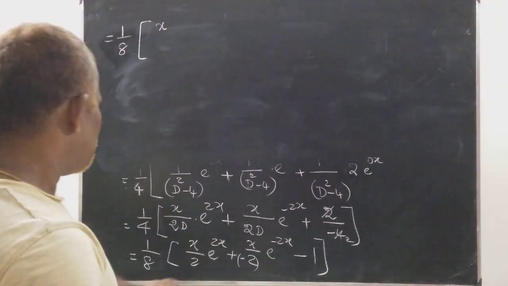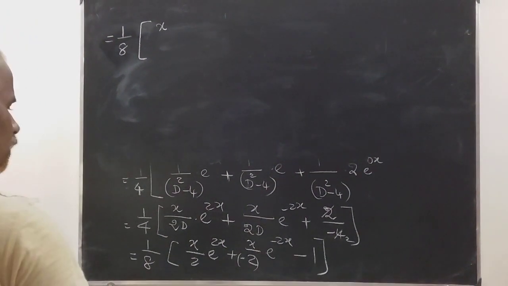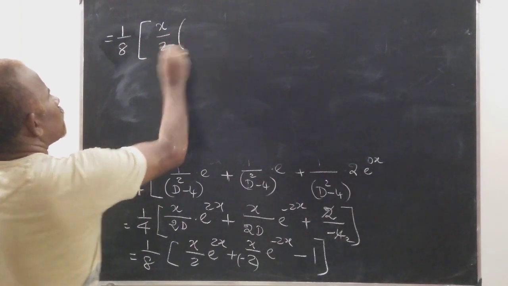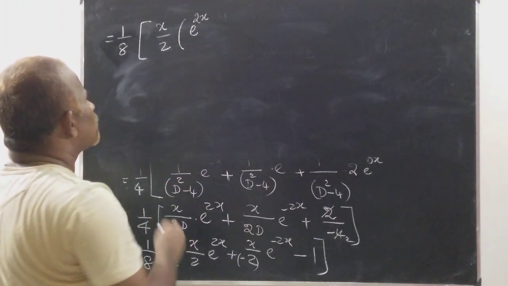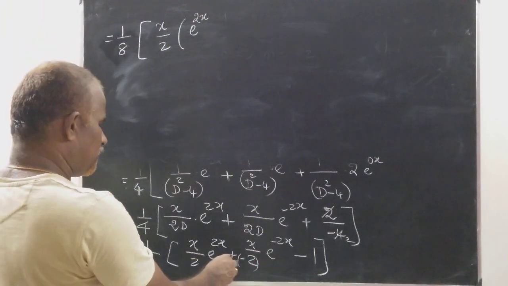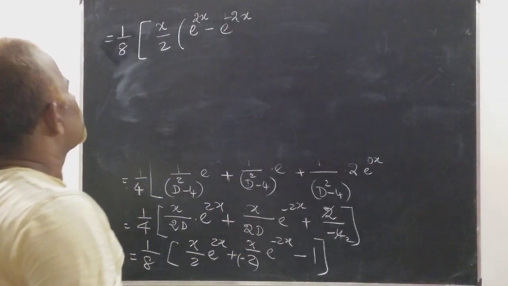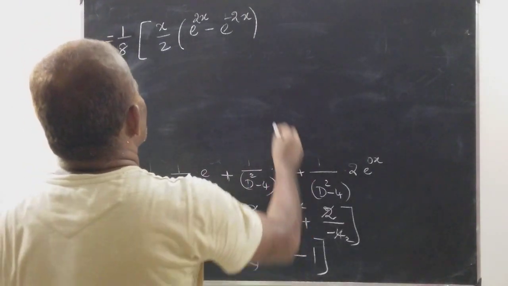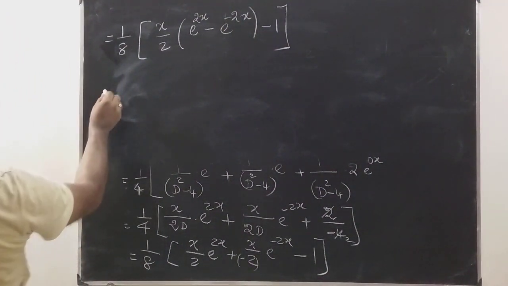So therefore e^(2x), e^(-2x), x by 2 into e^(2x) minus e^(-2x) minus 1.